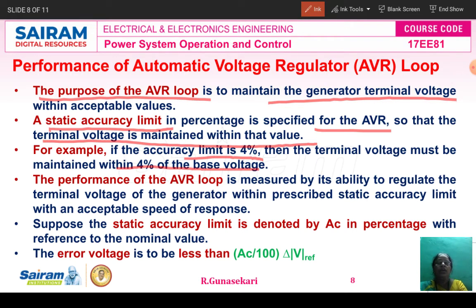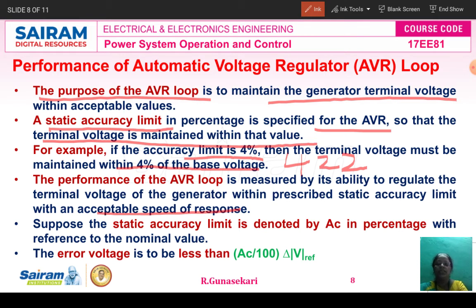So the accurate voltage is 422 volt only. Up to that voltage is what you have to maintain. So what is the performance of the AVR loop? It is used to regulate the terminal voltage of the generator within the prescribed static accuracy limit, within an acceptable speed of response.